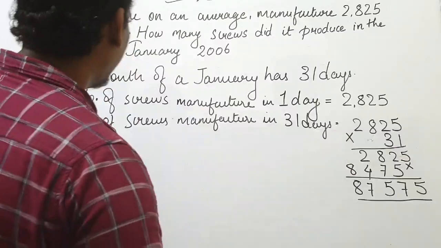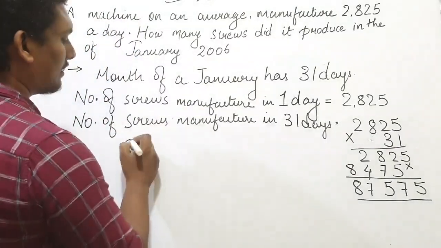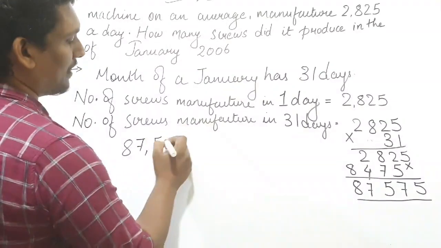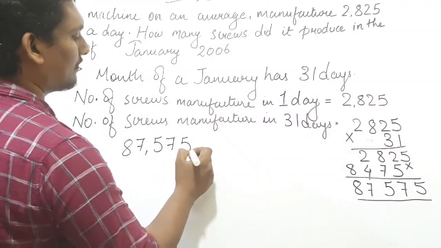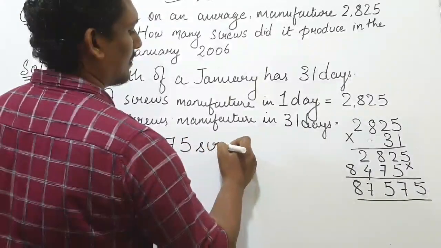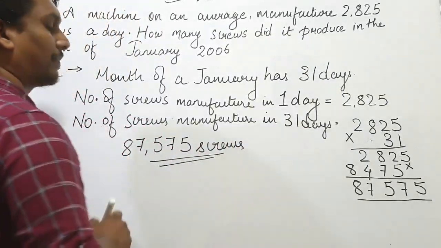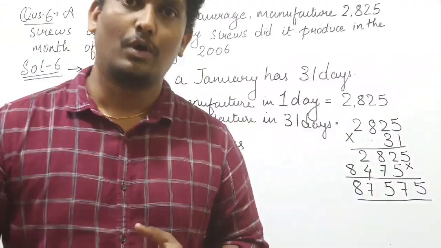So the final answer is 87,575 screws. Okay, hope it is clear.